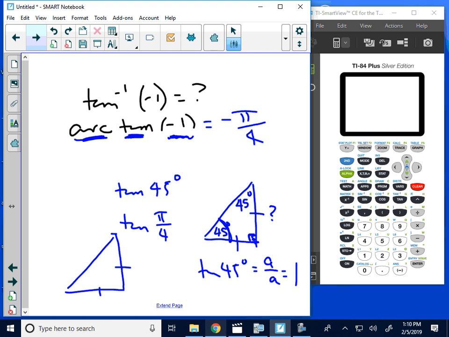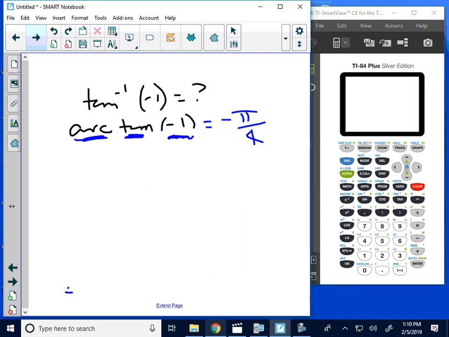The drawback with the triangles is we never had negative length. So that's why we stick with the unit circle approach. This one is requiring the tangent to be a -1. So yes, the unit circle will get us there. It's very similar to the triangle, but triangles are sort of limited to that first quadrant where x and y are both positive. Here we need the y value to be negative and the x value to be positive.